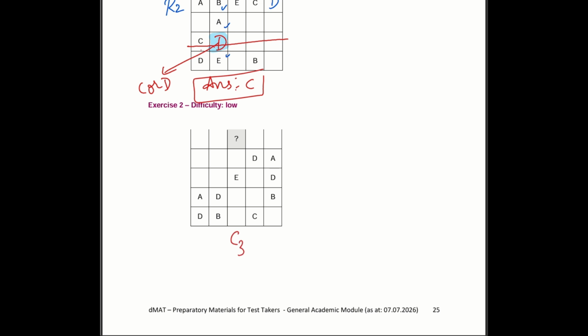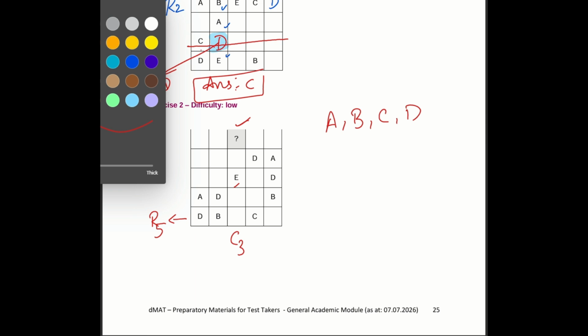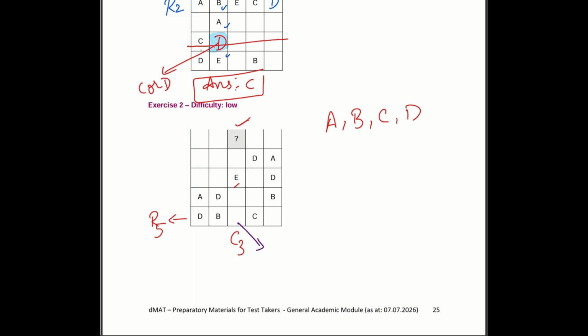So first of all, we have to focus on the C3 column. The possible choices for the question mark are A, B, C, D because E is already present here. Now move to row number 5. The possible choices for this and this would be E or A, because those two letters are absent.